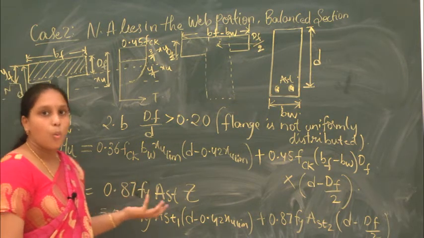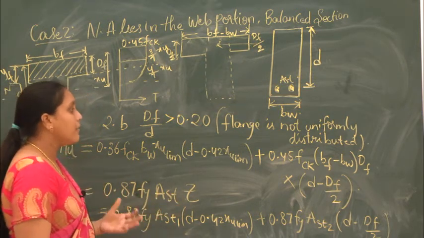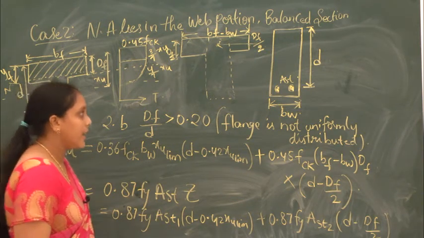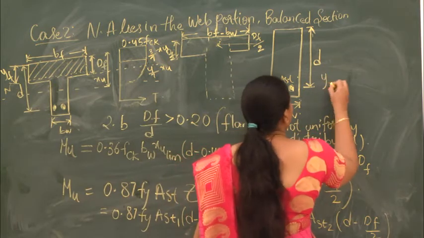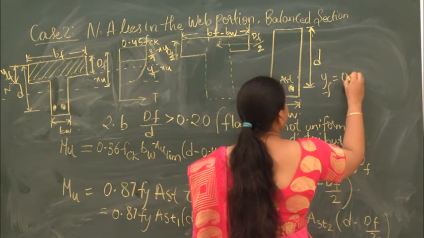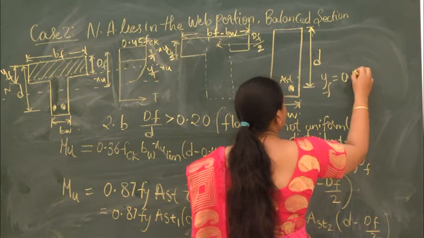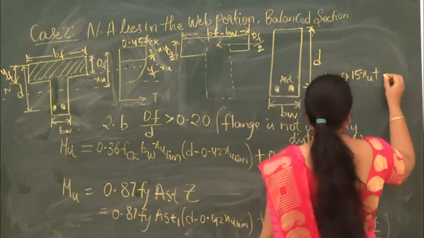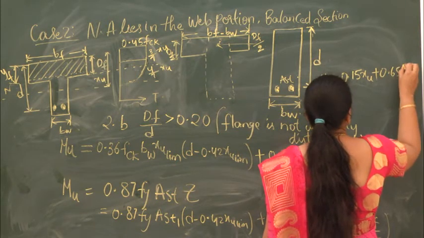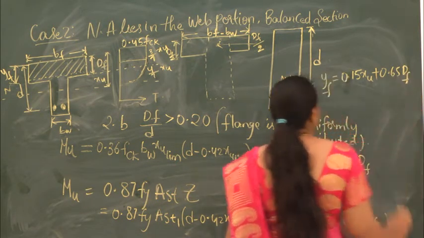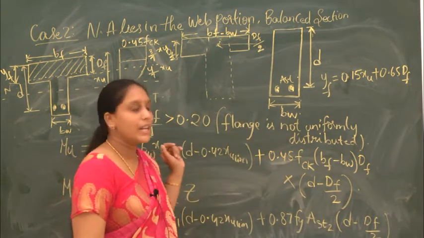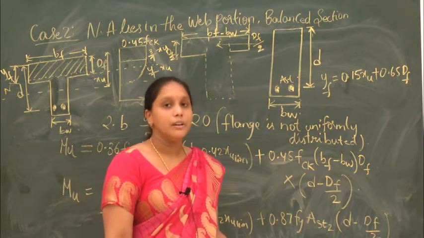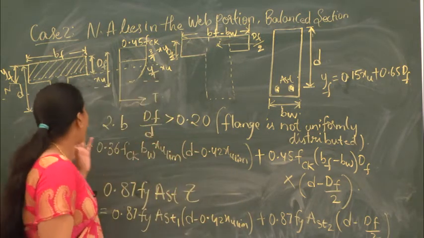So the formula for calculating the equivalent depth of the flange is Yf equal to 0.15 Xu plus 0.65 Df. By using this equation, we can find out the equivalent depth of the flange, which is substituted for Df.